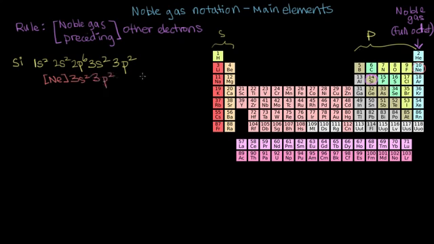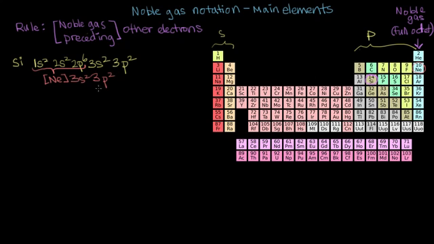If we compare these two ways of writing our electron configuration, you can see that everything up to 3s2, 3p2 gives us the electron configuration for neon. So we don't have to write that, we just write neon and assume that whoever's reading it knows what the electron configuration for neon is.